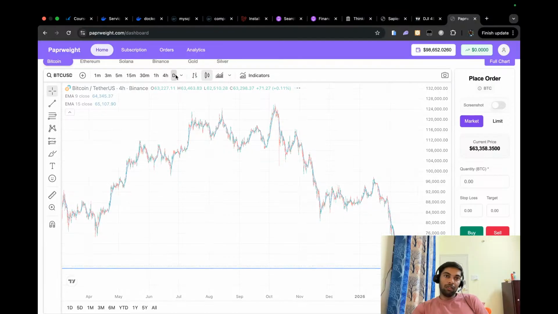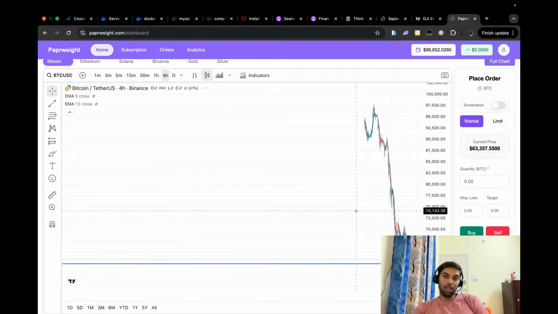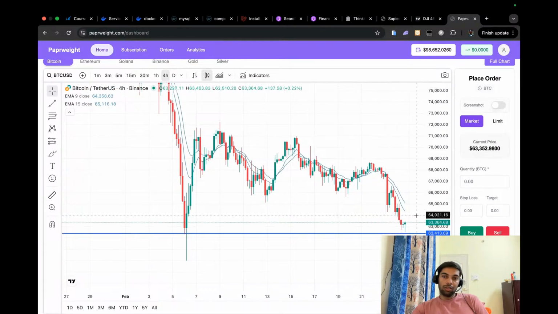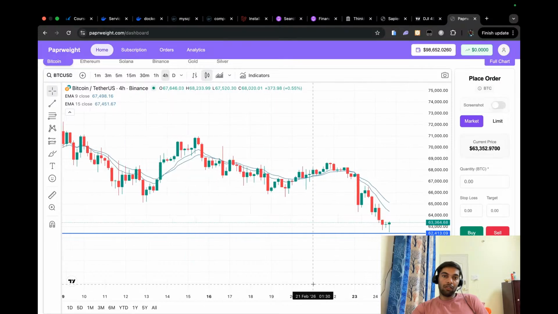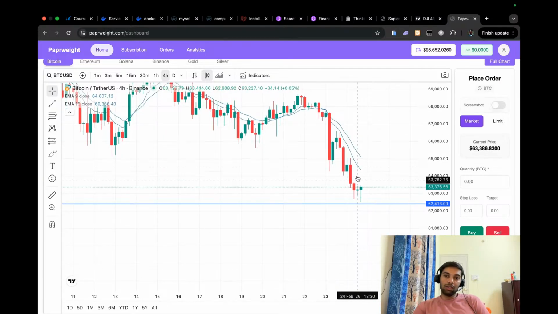Let me see the daily time frame as well. Yeah, this might act as a buying zone only, right? So we have to be a little bit careful over here. All right. So this is the 4 hour time frame, and in the 4 hour time frame, the condition is the same. The market is in extremely bearish mode, and right now it is pausing.